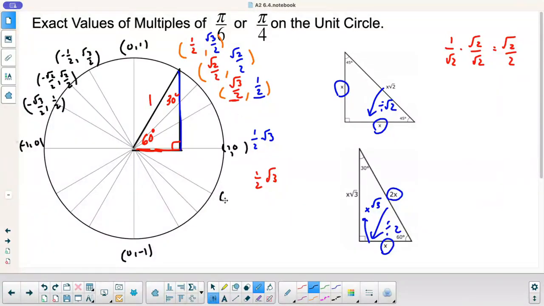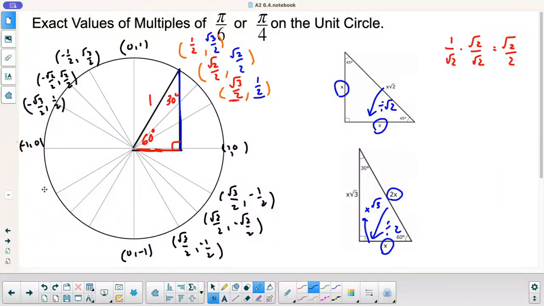So this point, I move it down here. Radical 3 over 2, negative 1/2. This is going to be positive radical 2 over 2, negative radical 2 over 2. And then this one, positive radical 3 over 2, negative 1/2. And then over here, they're both negative.